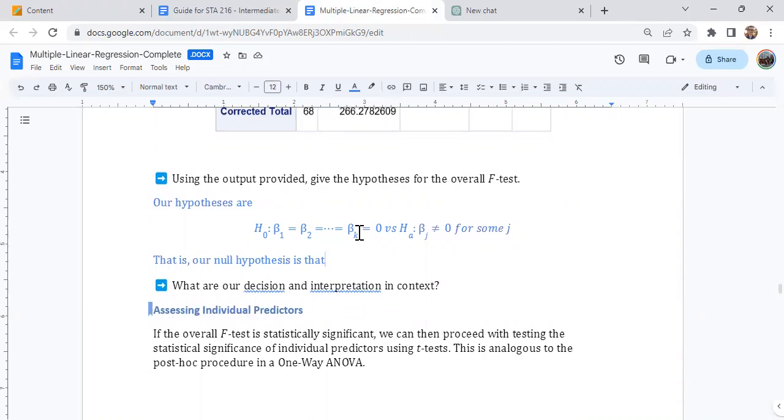So we can get rid of this part since we have just 2 predictors. And not just that we can get rid of it, we should get rid of it to be clear about what we're testing.